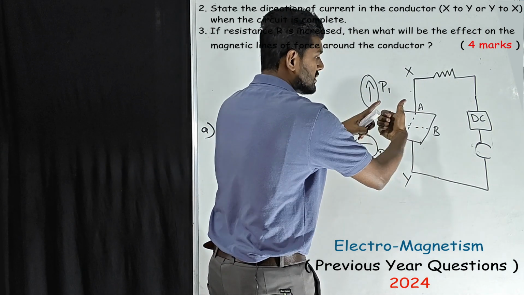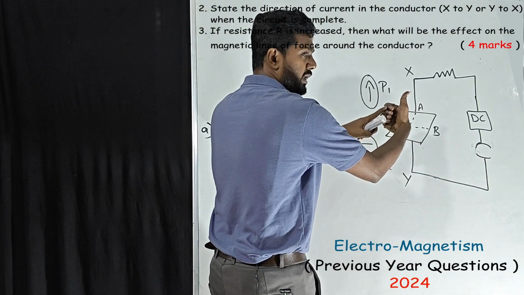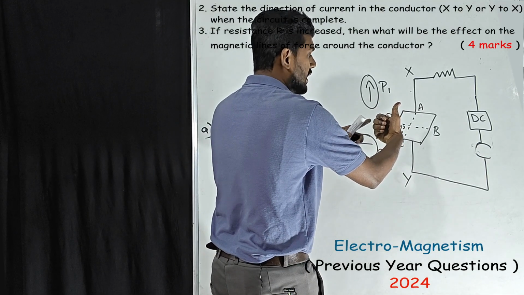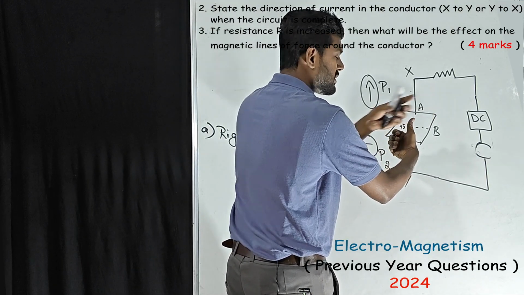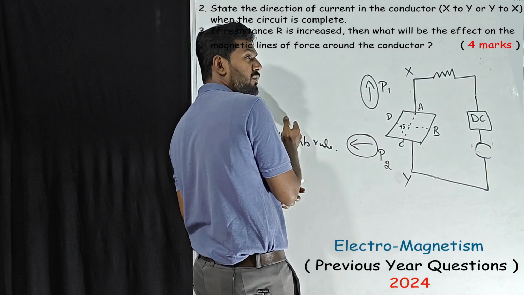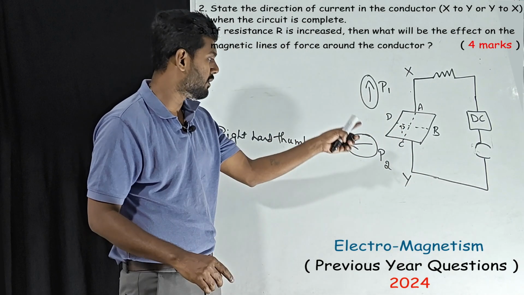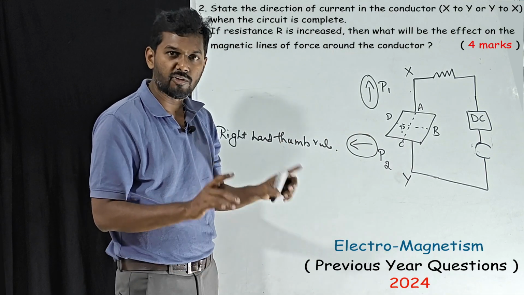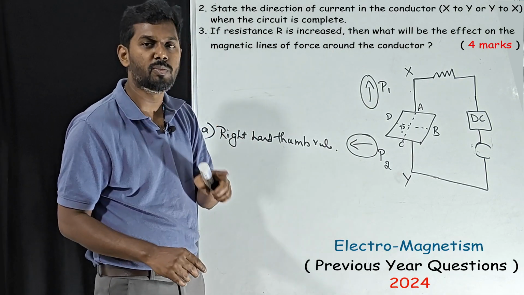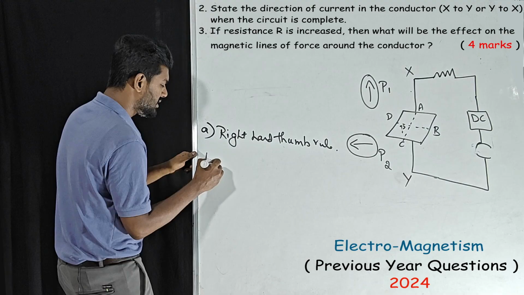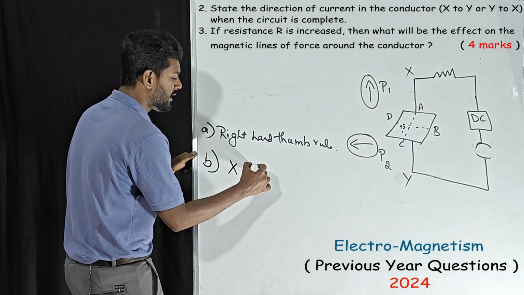It is towards the right. These are the directions of the magnetic field lines, correct? So this is moving towards the right, but according to the question it is moving towards the left. So the current is definitely not moving from Y to X. If it is not moving from Y to X, then it should be X to Y. So this is how you should analyze.